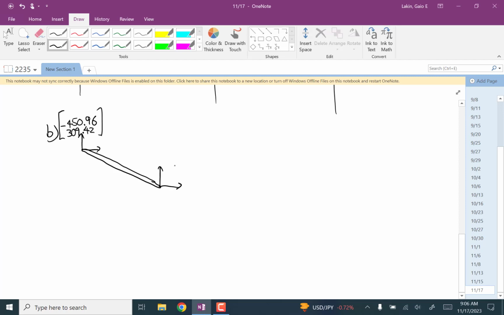And over here, 450.95, negative 211.32. And then the weight force, which is a distributed load of 49.05 newtons per meter.